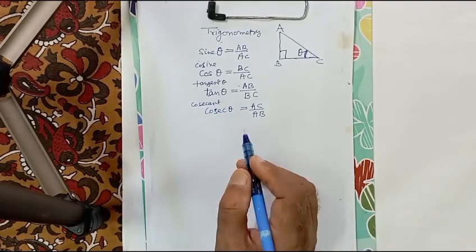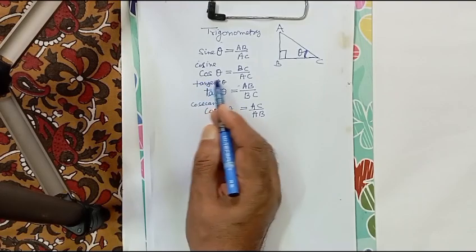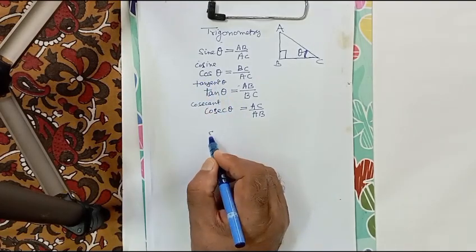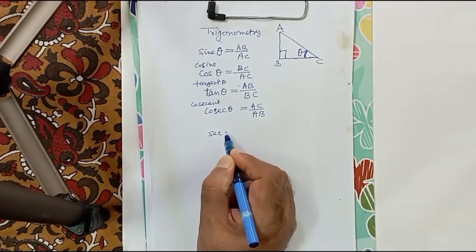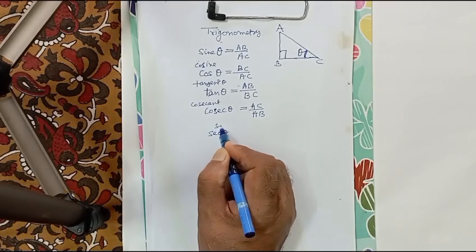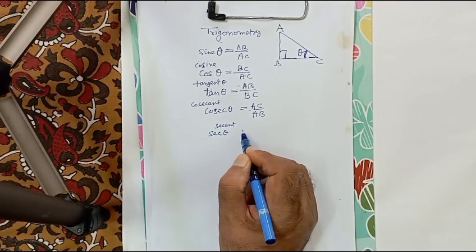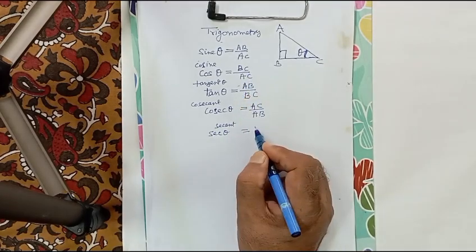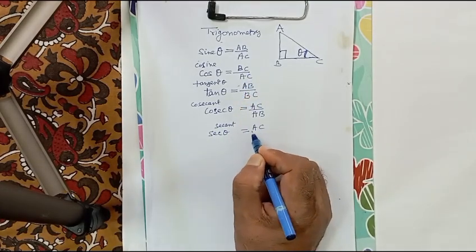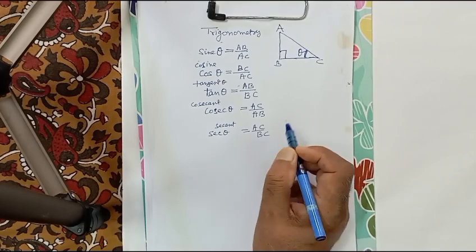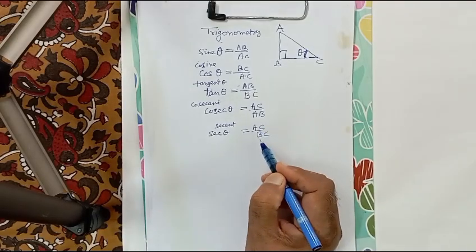Then comes secant, sec theta. You can call it secant also, and it is the reciprocal of cos theta, and this is equal to AC upon BC, meaning the ratio of the hypotenuse and the base.